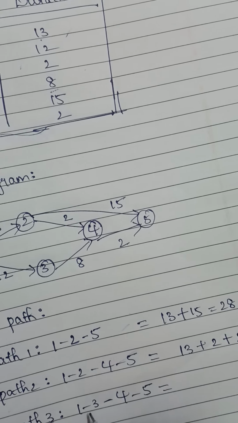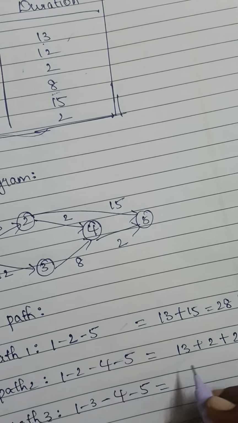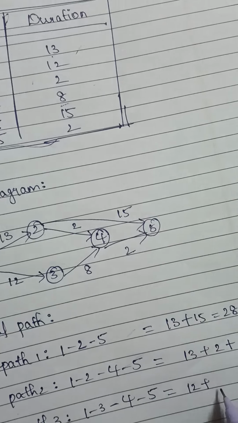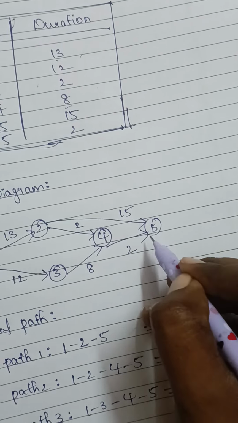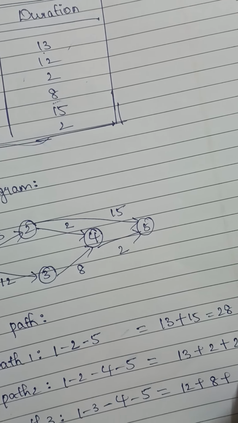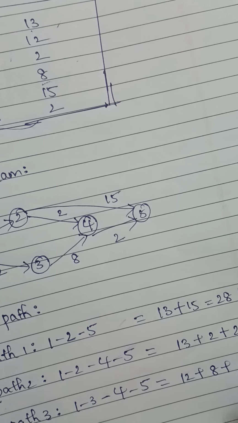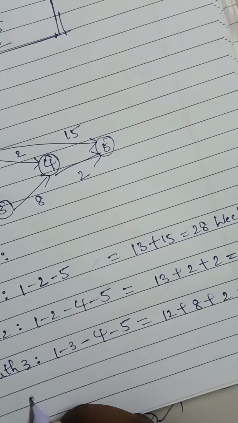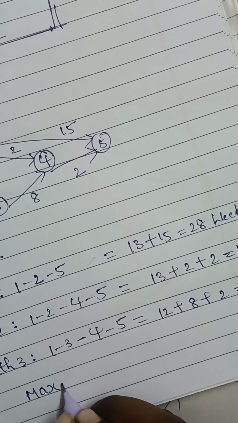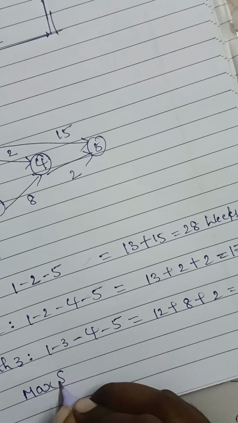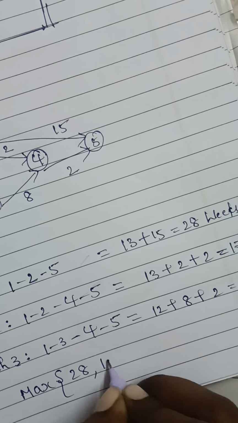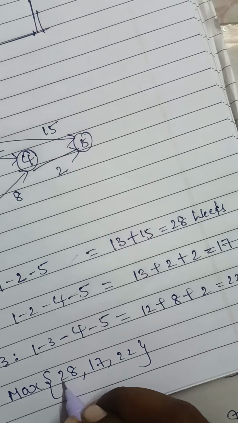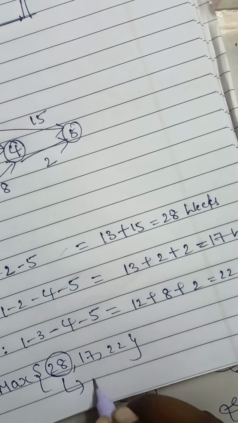And the third one, 1 to 3 duration is 12 plus 3 to 4 duration is 8 plus 4 to 5 duration is 2, so in total we got 22 weeks. Now we have to find the critical path. For calculating the critical path we take the maximum of the given paths: 28, 17, 22. The maximum is 28, so path 1 is the critical path.